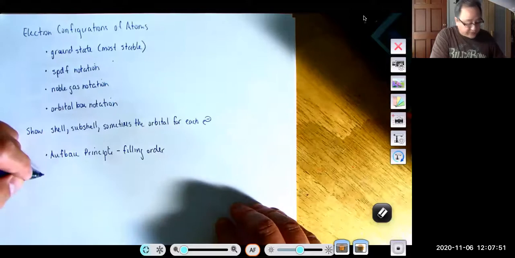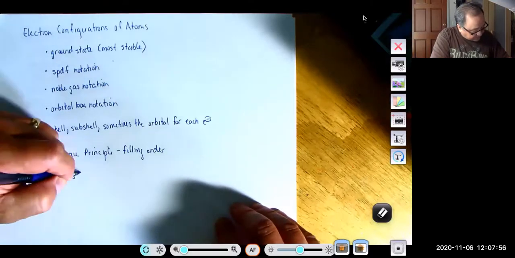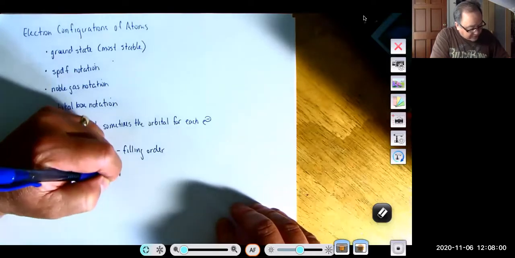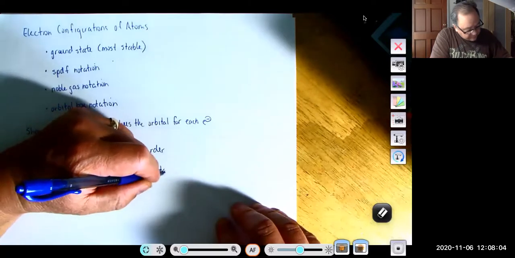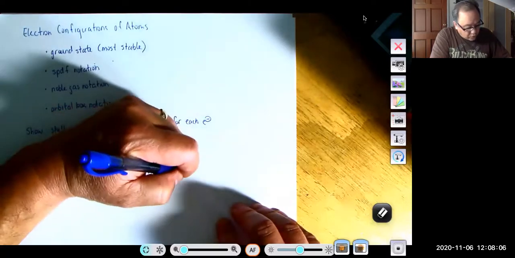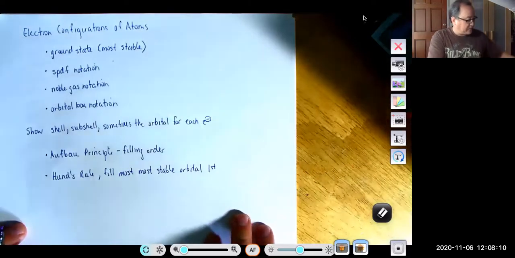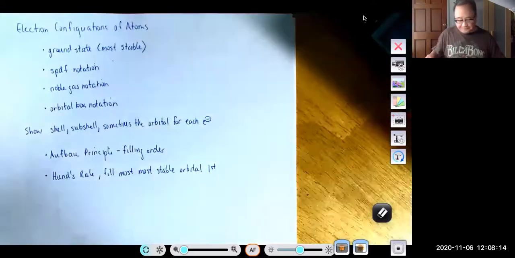And we're also going to follow something called Hund's rule, which says you fill the most stable orbital first. Okay, so that's kind of the background.